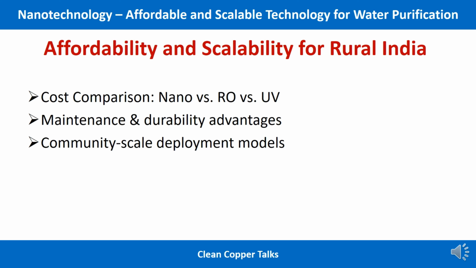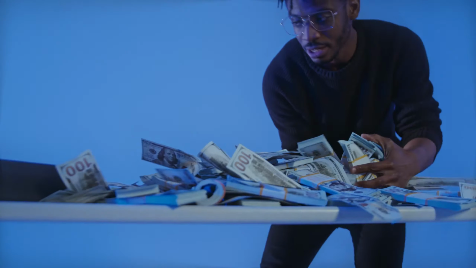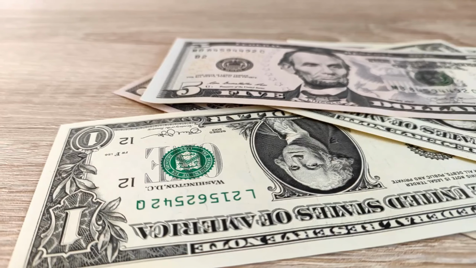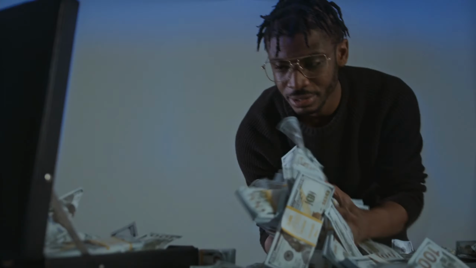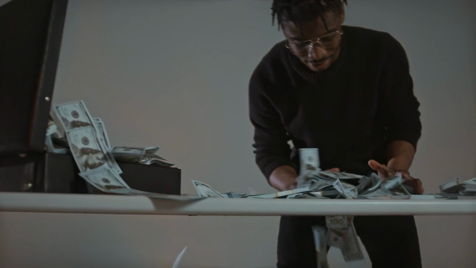From an affordability and scalability point of view, when nanofilters are compared to UV or RO as a water treatment technology, if we see the cost comparison, then for a water treatment plant which has a capacity of treating 2000 meter cube of water per day, a nanofiltration plant will require $1 million, while a UV plant will require $200,000 and an RO plant will require approximately $2 million.